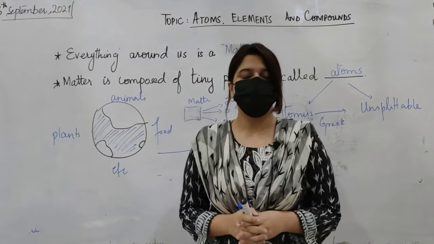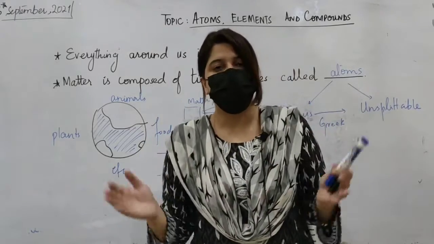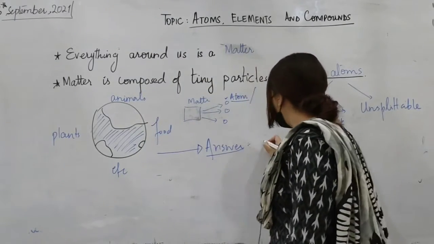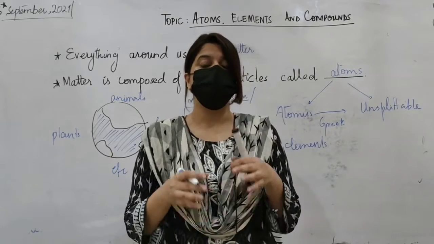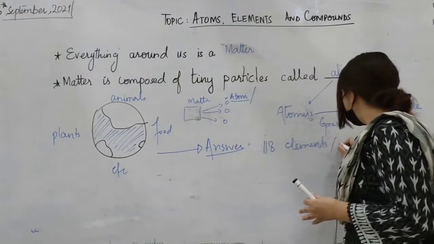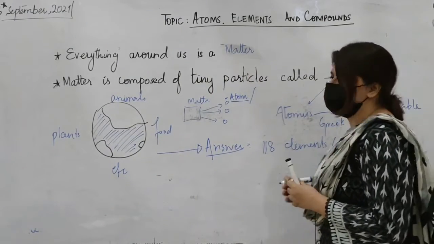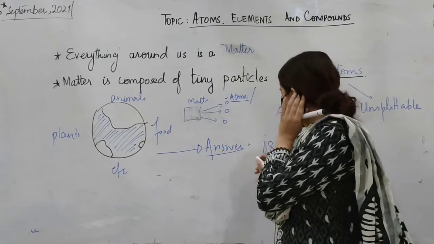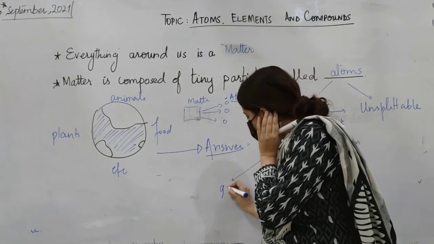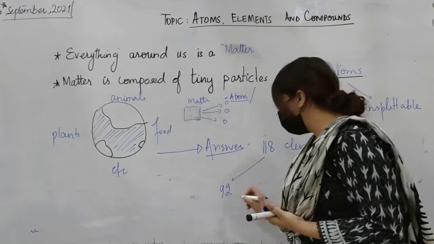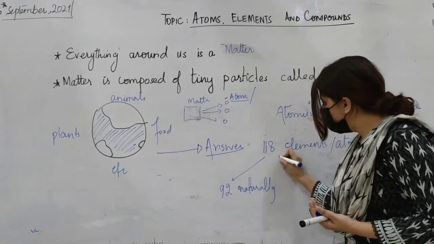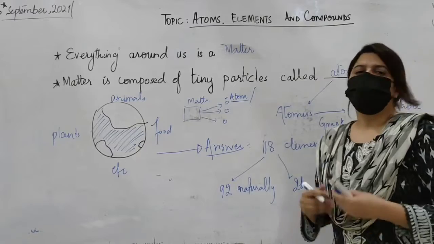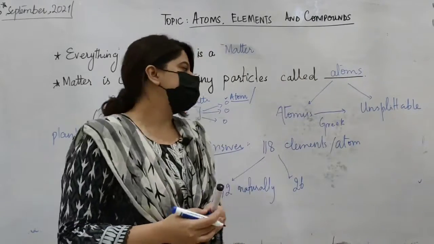The answer lies in the fact that this whole universe is made up of 118 elements. There are a total of 118 elements or atoms present on our earth or in the whole universe, right? Out of 118, there are 92 atoms which are naturally occurring, and the rest, 26, are man-made or artificially prepared by scientists.